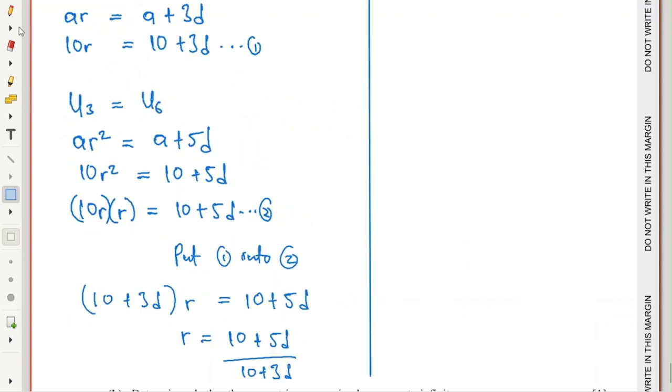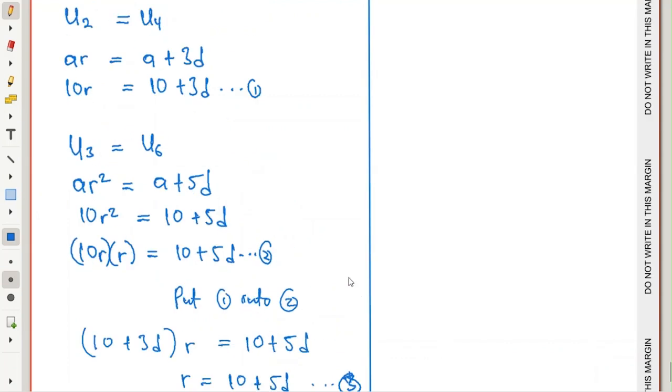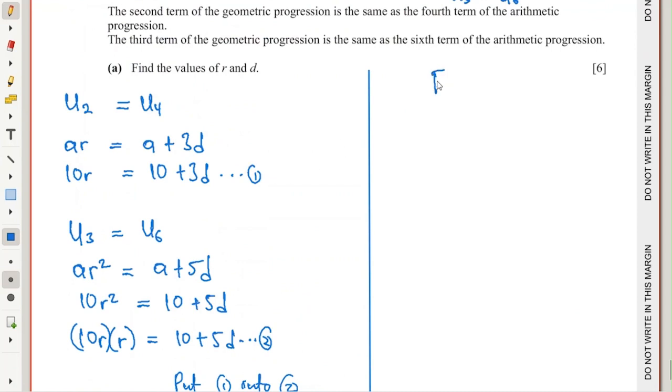All right. So now here, I know the expression for R. Let me call this equation 3. I can put it in either 1 or 2. Let me put it in 1, since 1 looks easier. So put 3 into 1.